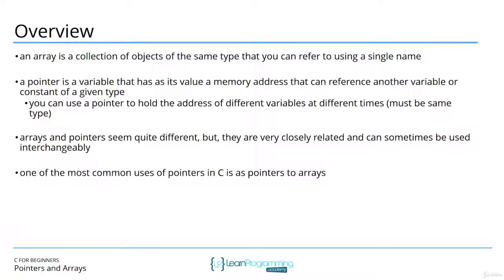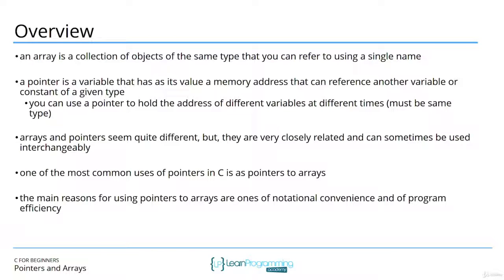But one of the most common uses of pointers in C is as pointers to arrays. This is when you really most often use pointers, especially to characters. A character pointer is the same as a character array. The main reasons for using pointers to arrays are ones of notational convenience and of program efficiency.